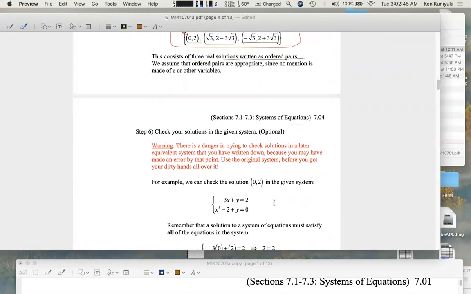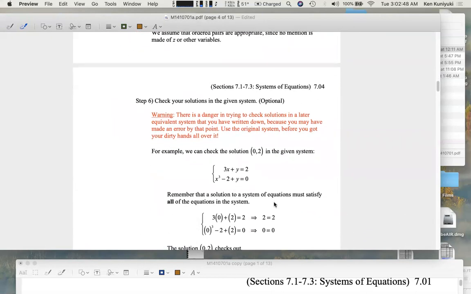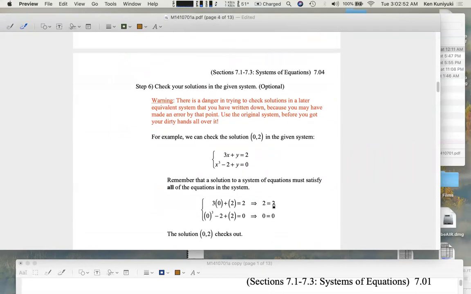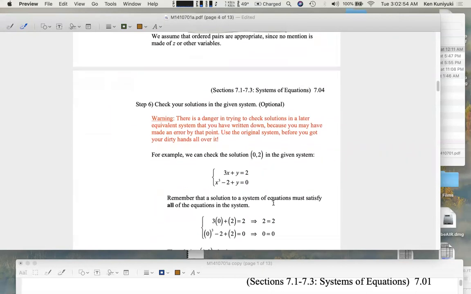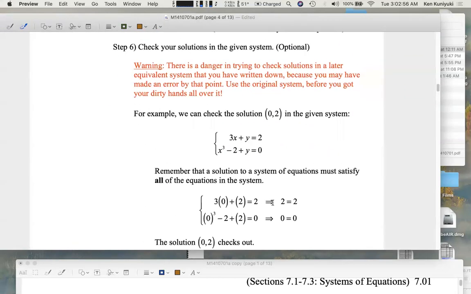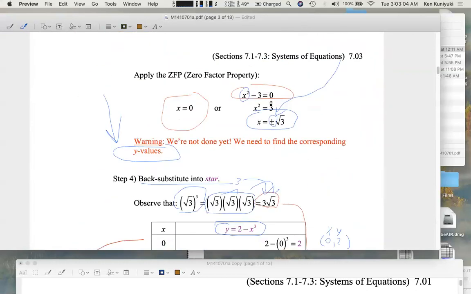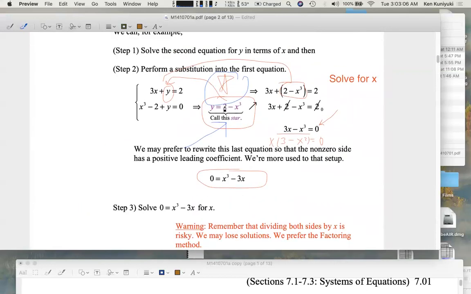Now, as time permits, we can talk about checking our solutions. Now, if you're rushing at the end of the exam, you may not have time to do this, but technically we really should do this, especially for nonlinear systems, checking our solutions. Although I will say that, and this is another benefit of STAR, if we do have y as a function of x, a check is not as necessary.